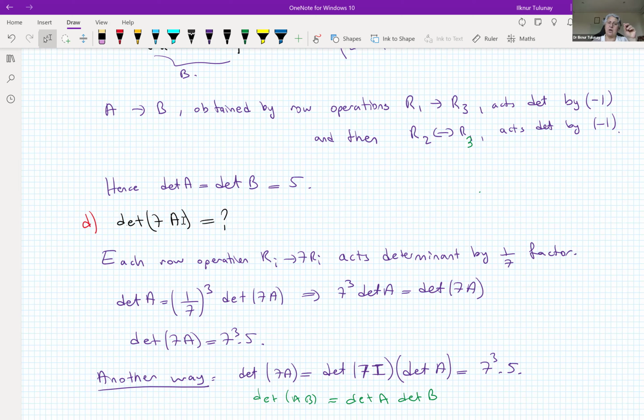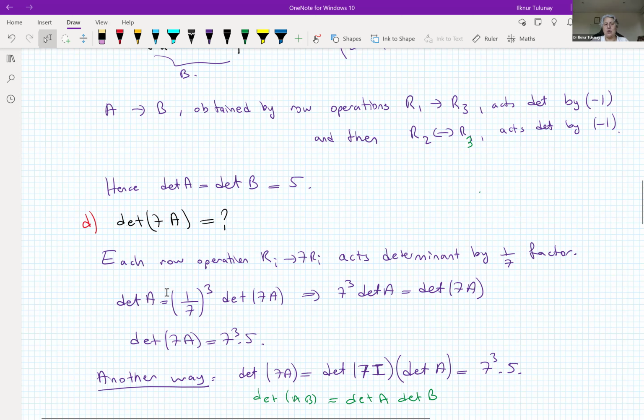It means that you are multiplying every row by 7: row I goes to 7 times row I, for each I equal to 1, 2, 3, because you have a 3 by 3 matrix. Then the determinant will be affected by 1 over alpha, 1 over 7, but you are doing this 3 times, once for each row.